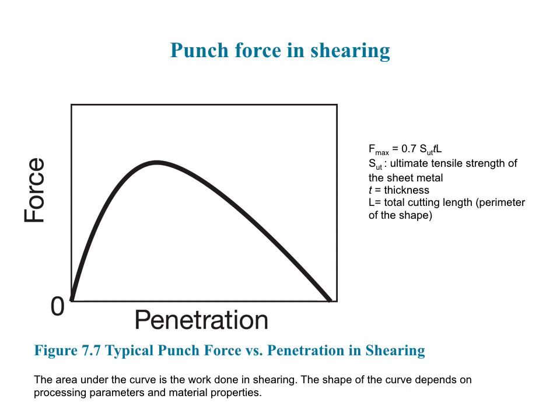The punch force versus the stroke curve has various different shapes depending on the deformation, friction, crack development, and other factors. The figure shown here in 7.7 is a typical punch force versus penetration curve. The area under this curve is the work done in shearing.